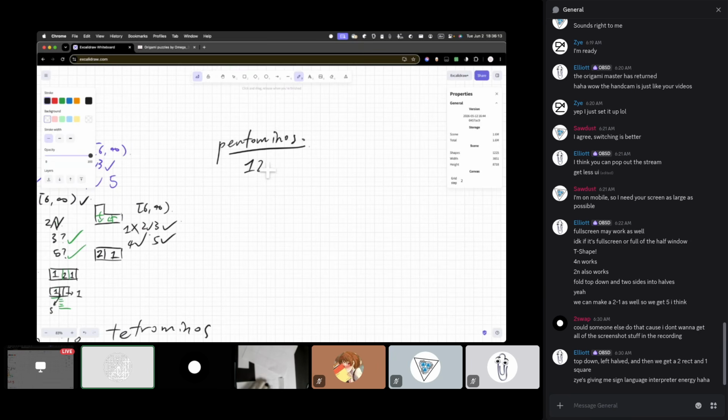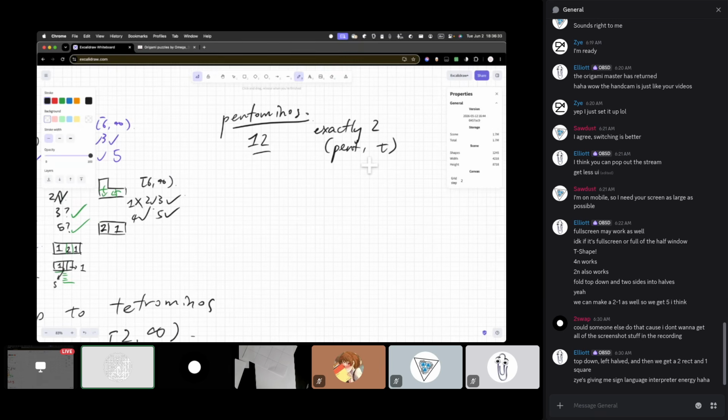Specifically, there are 12 pentominos, and there are a bunch of thicknesses. There are exactly 2 scenarios, and by scenarios I mean pentomino thickness combinations, that I haven't found a solution to yet, and I'm going to allow you all to explore what we have in the pentominos, and I will not spoil what I think is possible or not possible.